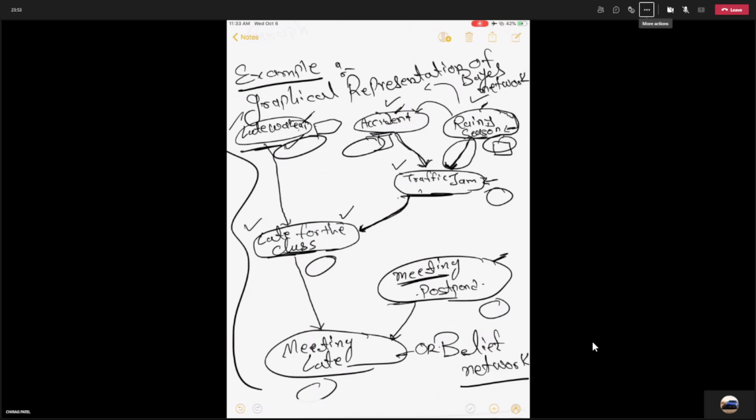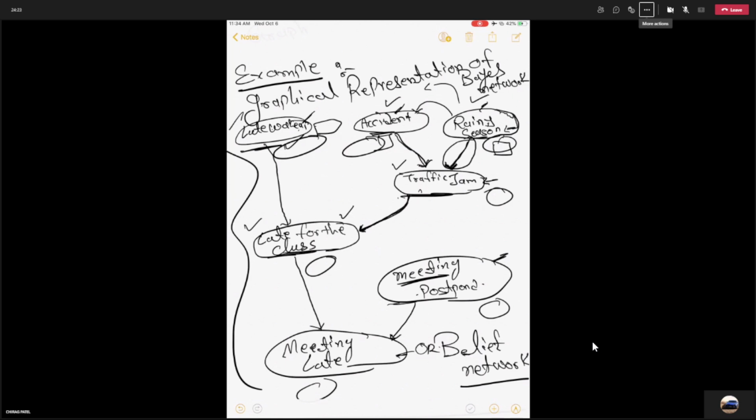So what condition are we checking for it? All the states are boolean states. Why am I saying boolean state? It's only having two states.